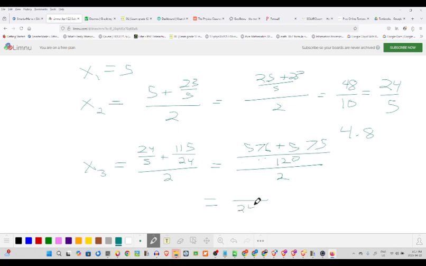So this is over 240, and our numerator 575 plus 576 is 1151.